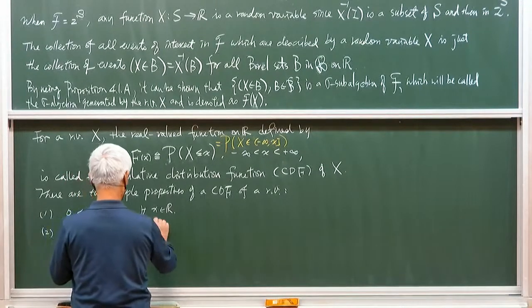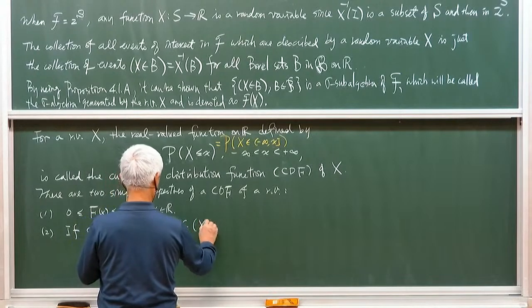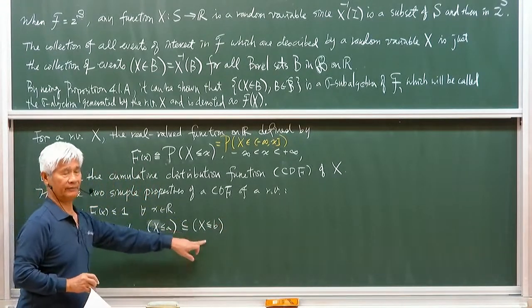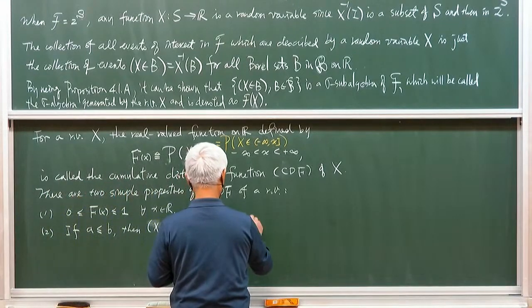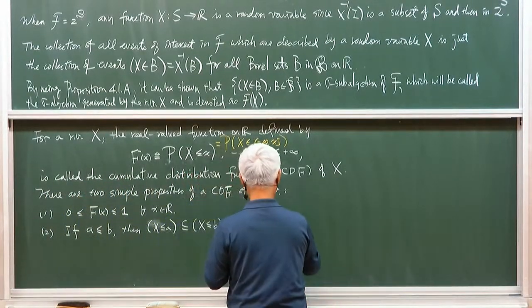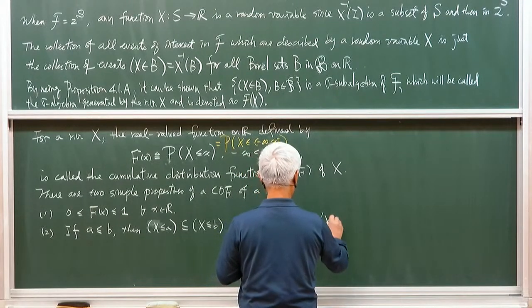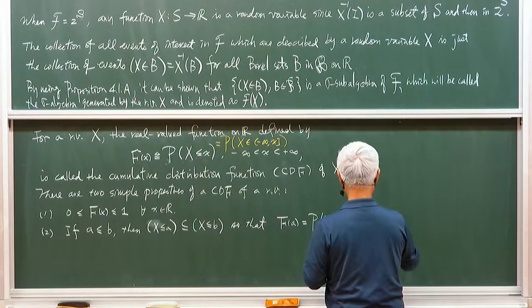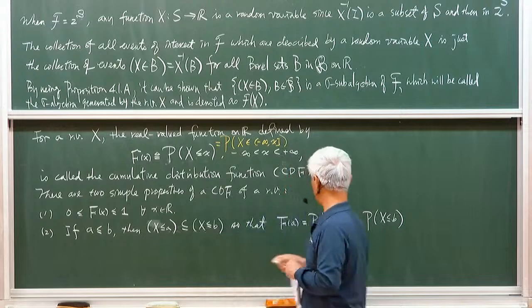we know that this event is smaller than this event. So f of A, which is the probability of this event, would be less than or equal to the probability of this event, because this event is bigger than this one.